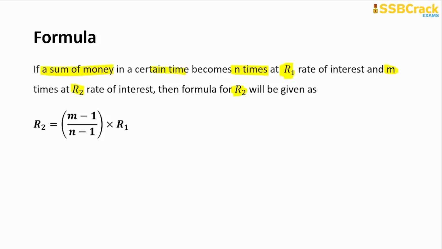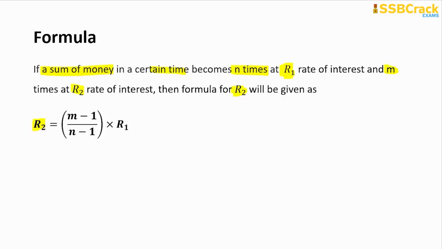So when they ask you R2, you can use this formula, which is related to the formula for time period, because the formula for simple interest is PRT upon 100. So as we have the formula for time periods T1, T2, equivalently we can set up the formula for R1, R2. It's all the same, but you have to know the criteria in the question.